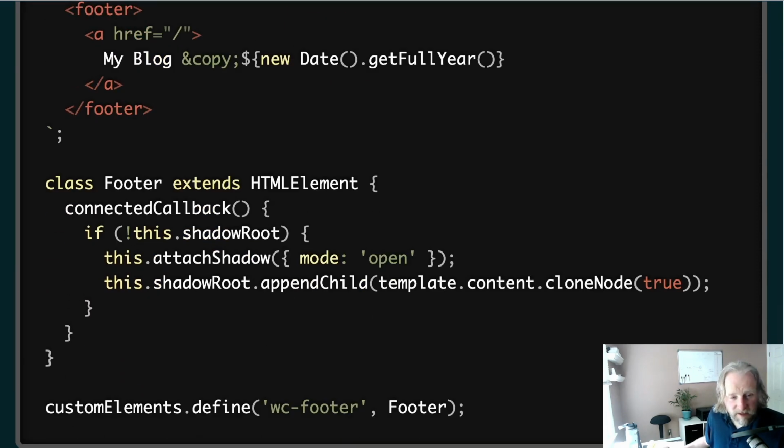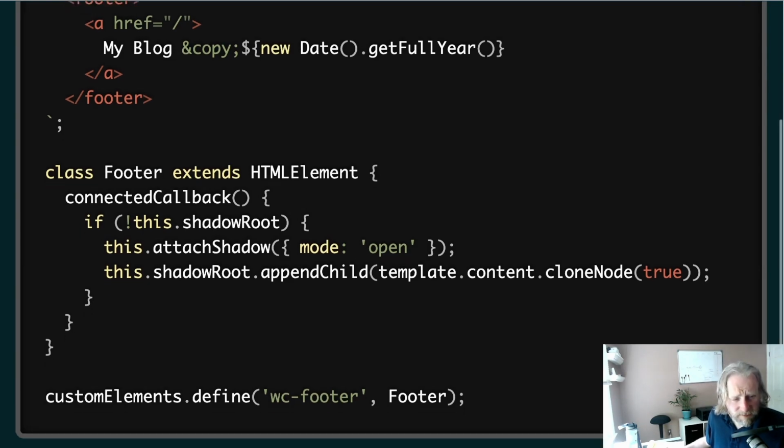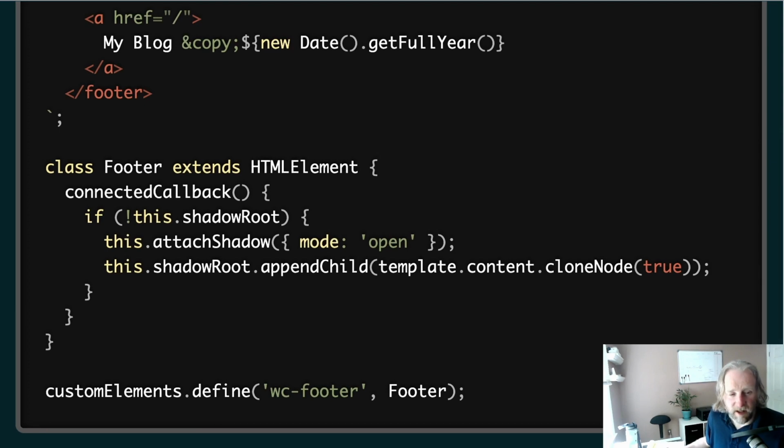Web components, custom elements are just classes, and so they inherit from and extend the base HTML element class. That's what we're doing here with our footer. We have our connectedCallback. Like a lot of front-end frameworks, React before hooks, Angular, and the like, custom elements have lifecycle methods for when they're attached to the DOM, and constructors that come with classes, of course.